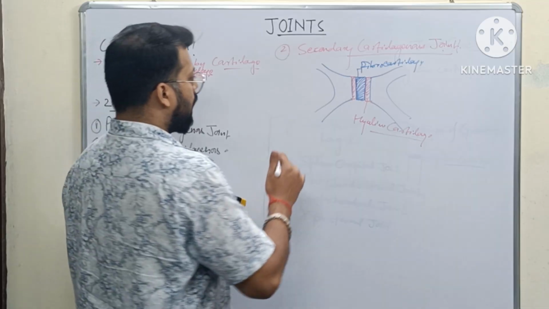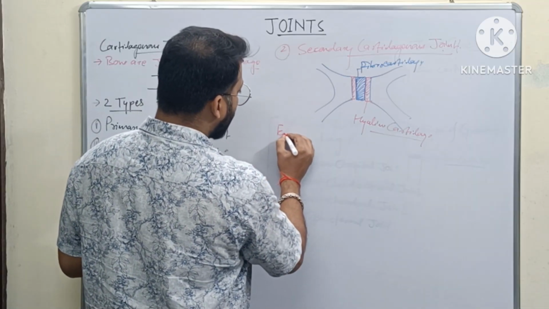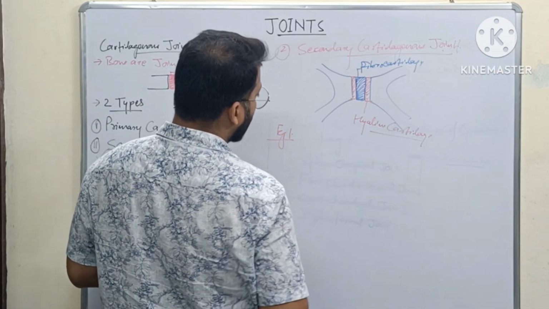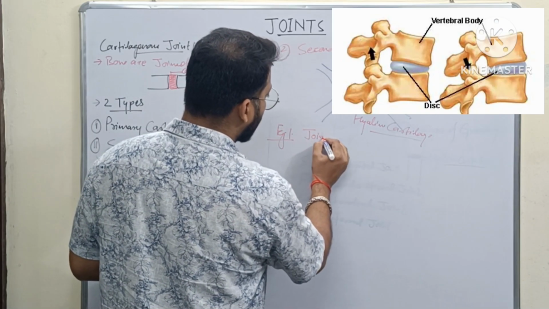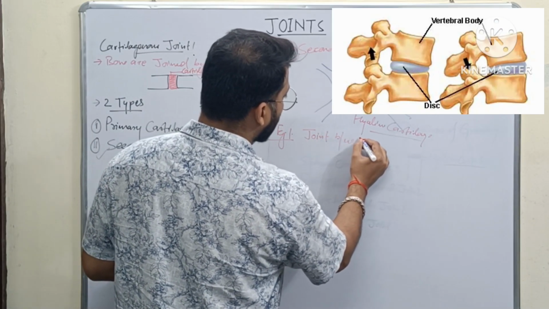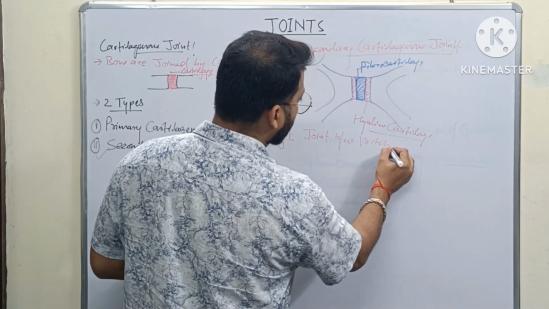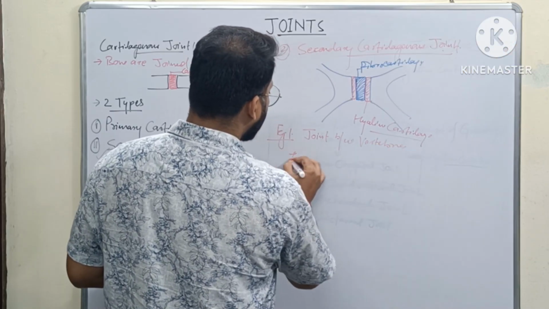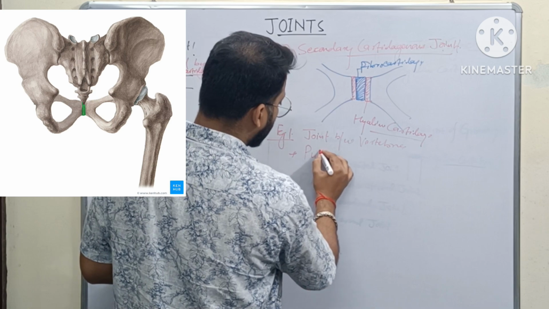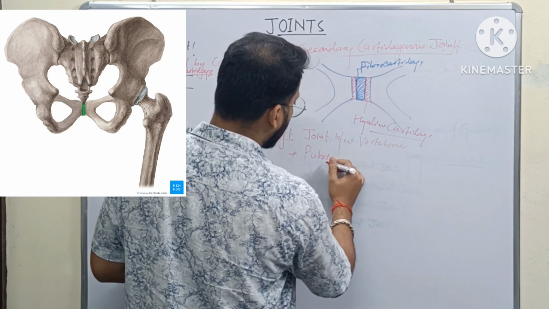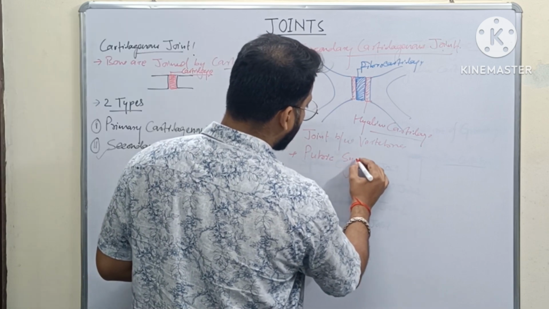Okay, and the example of secondary cartilaginous joint is joint between vertebrae. Next example is pubic symphysis.